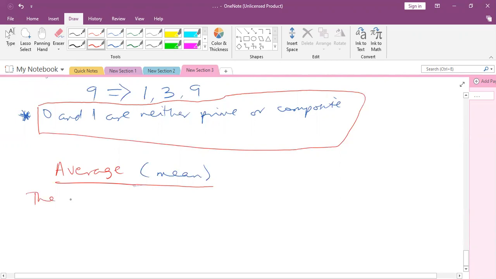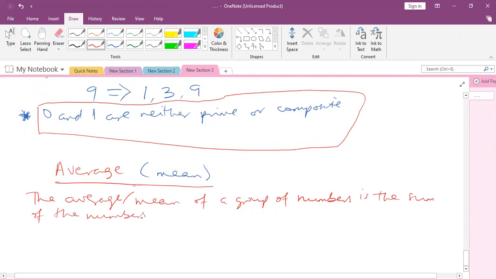So the average, or mean, of a group of numbers is the sum of the numbers divided by the number of numbers added.